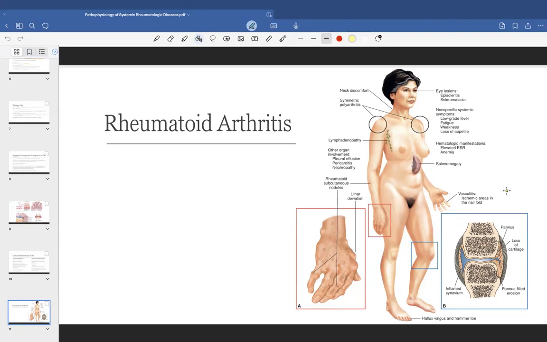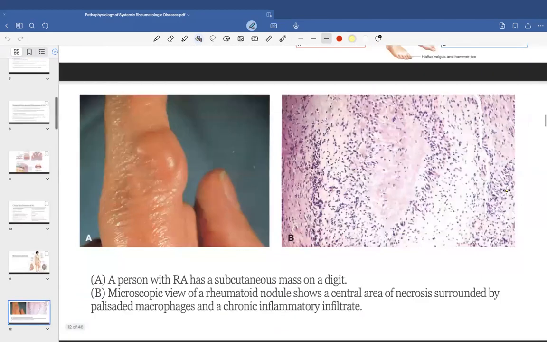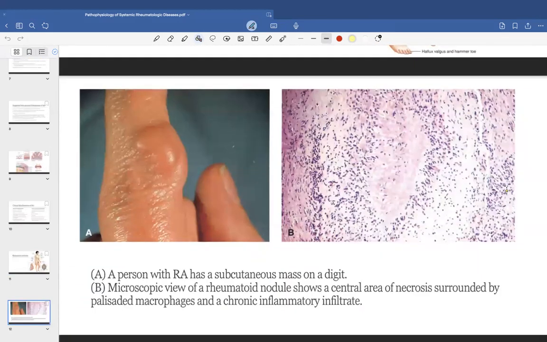This image actually shows one of the nodules on the digit. And that's a rheumatoid nodule. It's subcutaneous, very nodular, a little erythematous. And if you biopsy that, this is what you would see histologically, with a central area of necrosis.